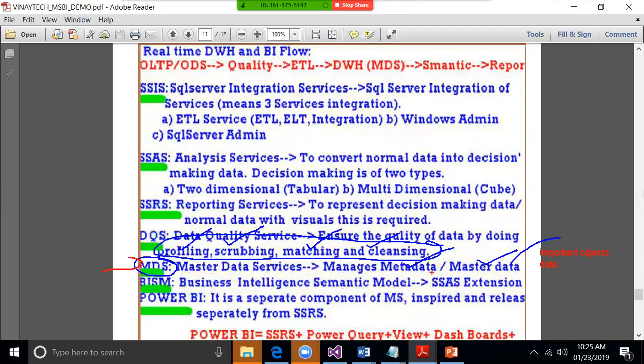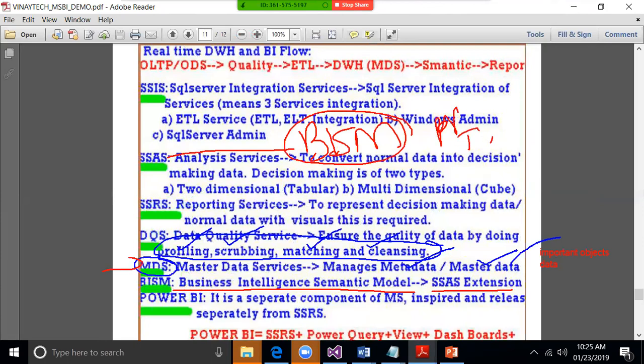Now, what is BIS? There is no SSAS; if you open Analysis Services, it will show you SSAS BISM, Business Intelligence Semantic Model. This model helps companies perform personal analysis, team analysis, corporate analysis. Simply self-service BI.